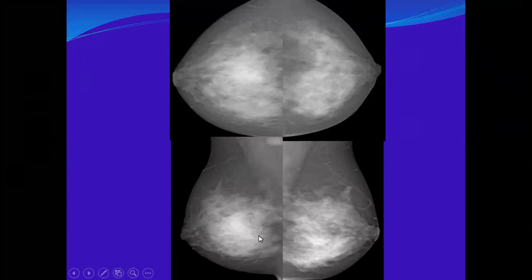So we are dealing with something more real, something seen in two projections. Is it a mass or an asymmetry? The next question: can I call it a mass?